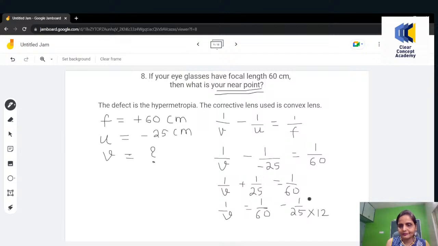So we get 5 minus 12 upon 300. Therefore 1 by V is equal to minus 7 by 300. To find the value of V, we have to take reciprocal. So V is equal to minus 300 upon 7.